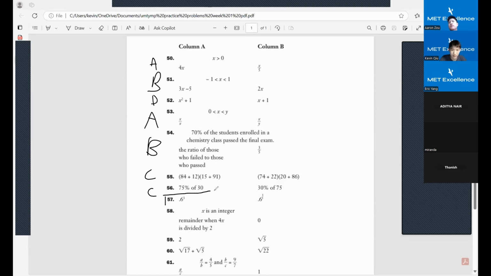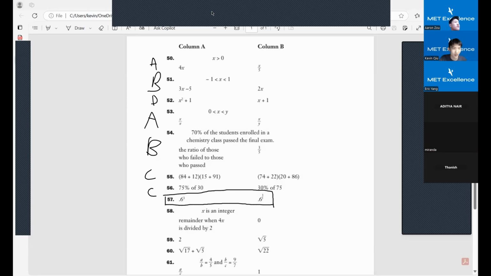Question 57. This one's a little bit trickier. Let me know what you guys think.